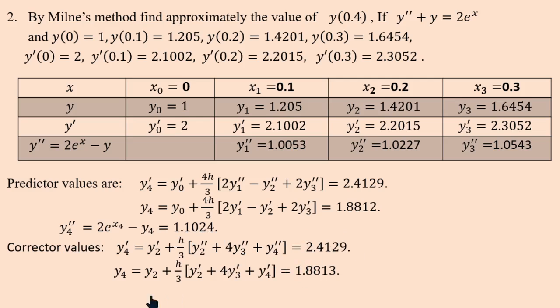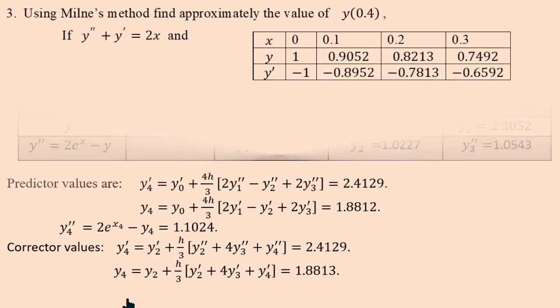After calculating y4 dash, y4 is y2, 1.4201 plus 0.1 by 3 into y2 dash, here 2.2015 plus 4 times of 2.3052 and then the new corrector value y4 dash, that is 2.4129. Substitute here and simplify, you get 1.8813. So this is the corrector value, the new value. So y4, that is y at 0.4.